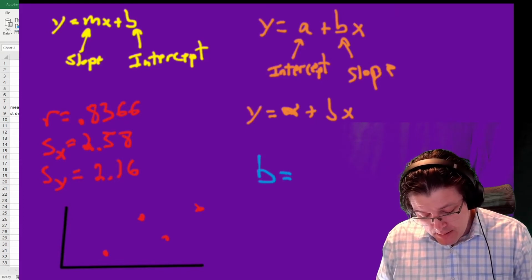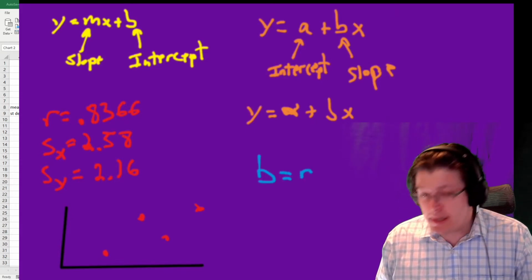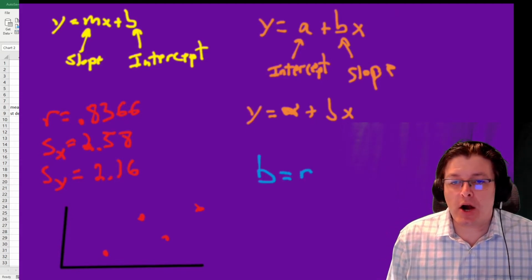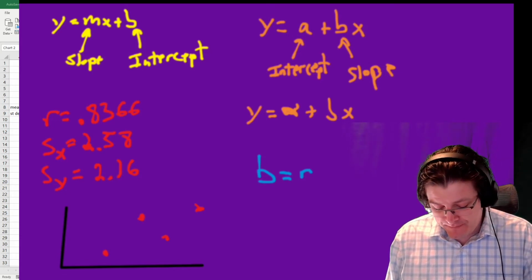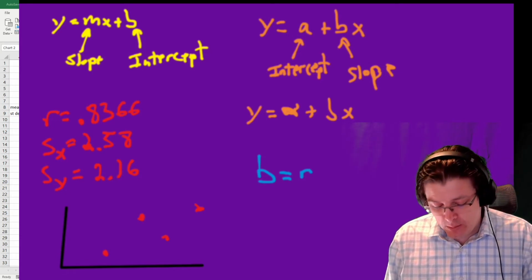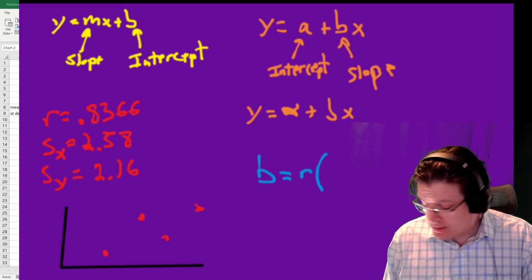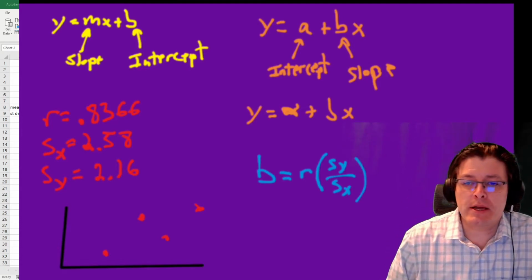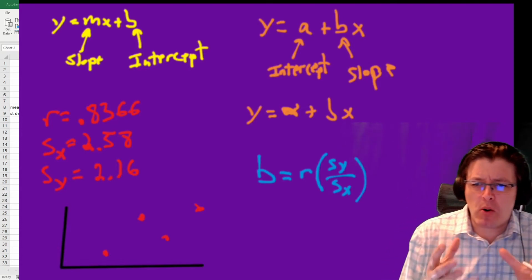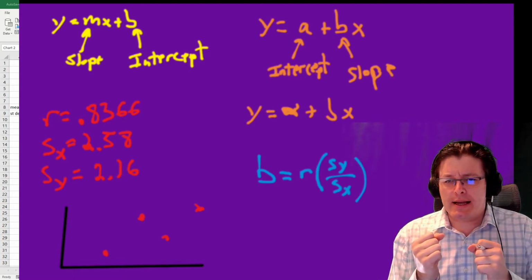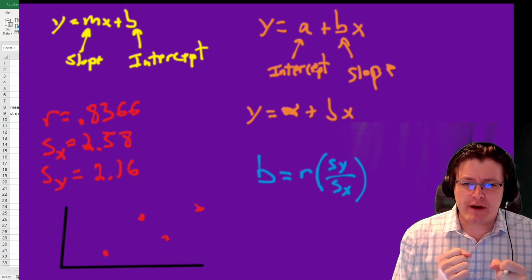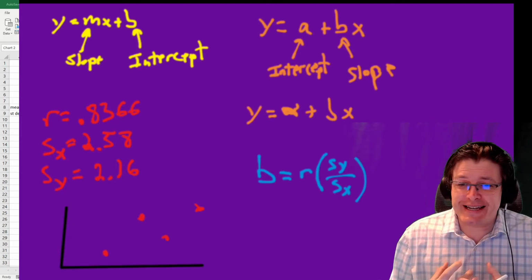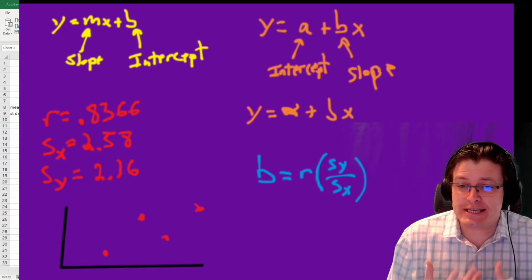So B is always going to be, especially in our ordinary least squares version, how do we find this equation of the line? Well, it's going to be the correlation times SY over SX. Okay, so what are we doing here? Remember, correlation is the relationship between these two variables, but correlation didn't have units attached to it, right?